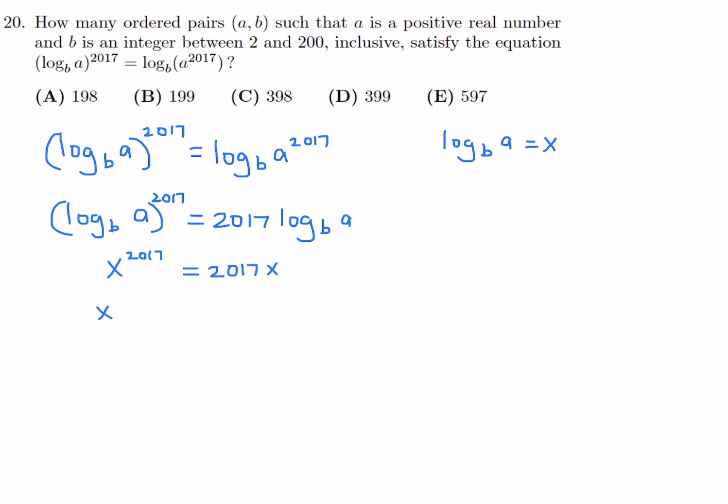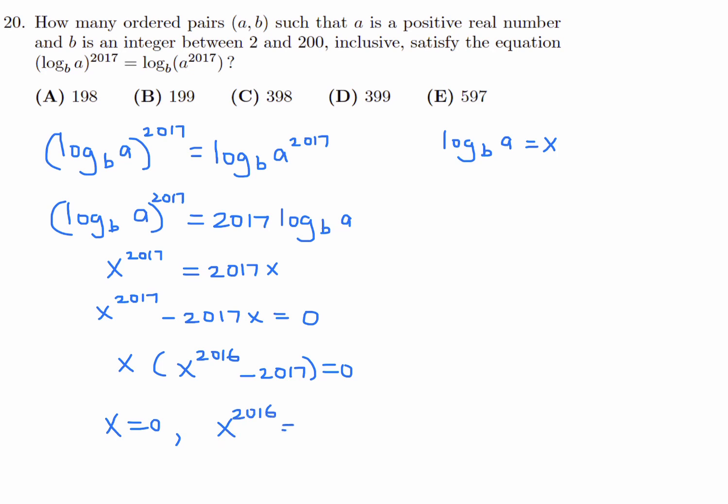Therefore, if I put everything on one side, x to the 2017 minus 2017 times x, factor out the x, and I get x times (x to the power of 2016 minus 2017). So that means x is equal to 0, or x to the power of 2016 is equal to 2017. So x is equal to the 2016th root of 2017.